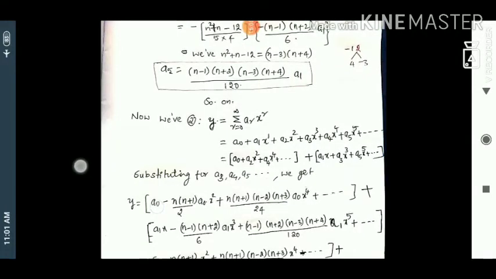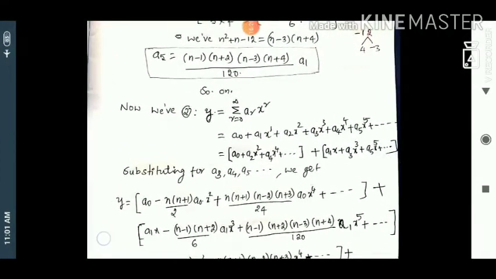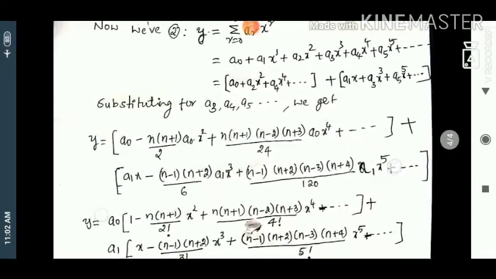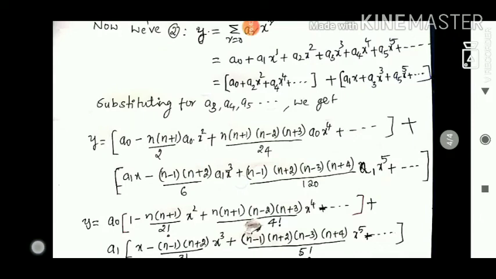So substituting, we will get y equal to a0 minus, because a2 is minus n into n plus 1 by 2 a0, into x square plus n into n plus 1 into n minus 2 into n plus 3 divided by 24 a0 x power 4 plus etc. plus a1x, we have to substitute now for a3: a1x as it is, minus n minus 1, n plus 2 divided by 6 into a1 x power 3 plus n minus 1, n plus 2, n minus 3, n plus 4 divided by 120 a1 x power 5.